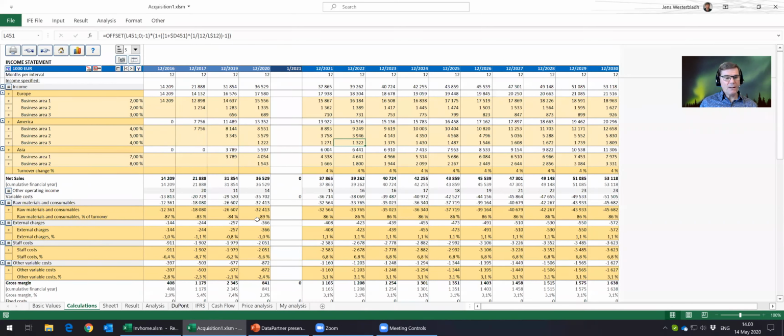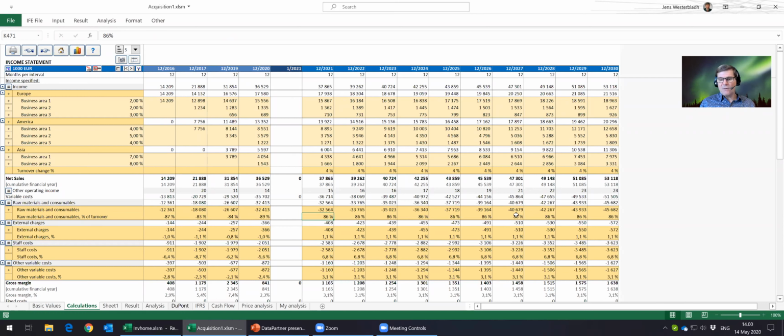Then as we put in the historical periods the percentage of the cost item in relation to net sales, we have these percentages. We can calculate an average or, based on best knowledge, set a percentage for the cost for the future. So here it's selected 86%.